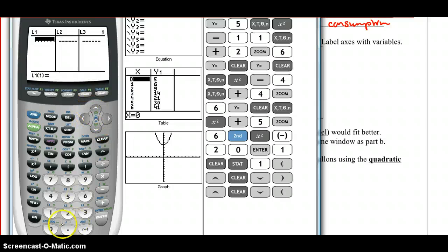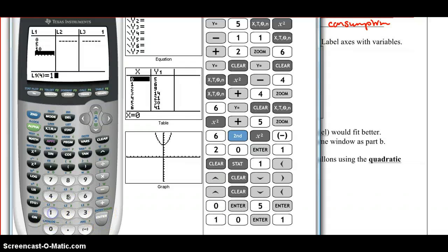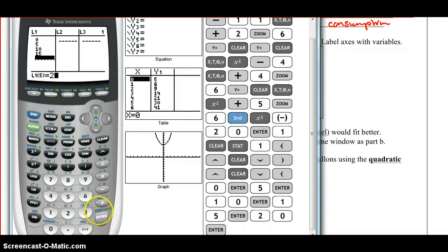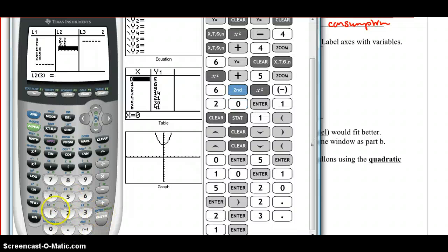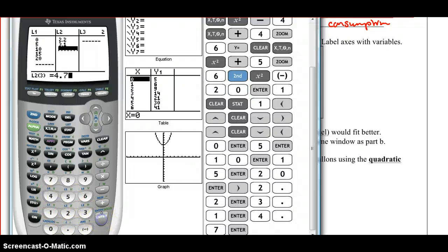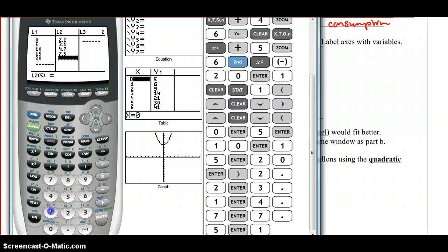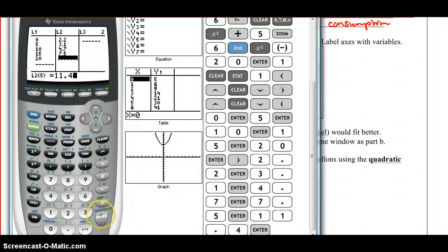All right, so in L1 we're going to put 0, 5, 10, 15, and 20. And in L2 we're going to put 2.2, 3.1, 4.7, 7.5, and 11.4.